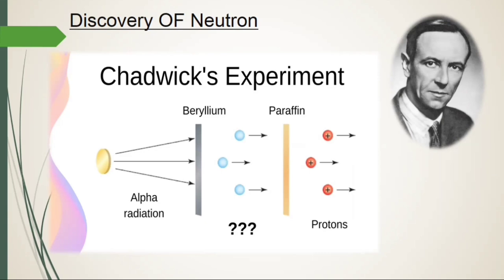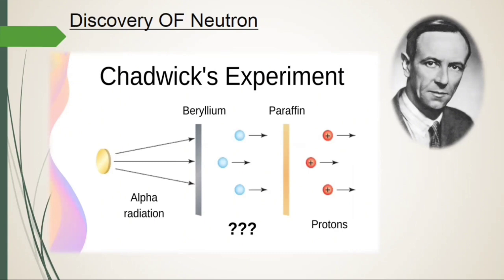What he observed was that this counter didn't show any deflection. Then again, he placed a thin layer of paraffin wax, and he observed that charged particles were emitted. So how can this happen?